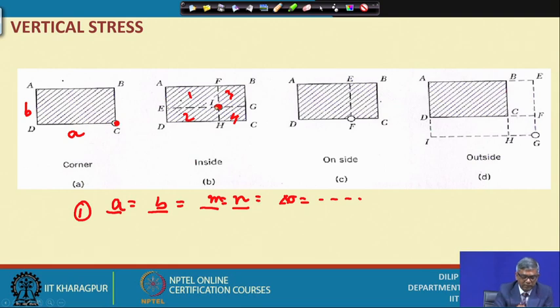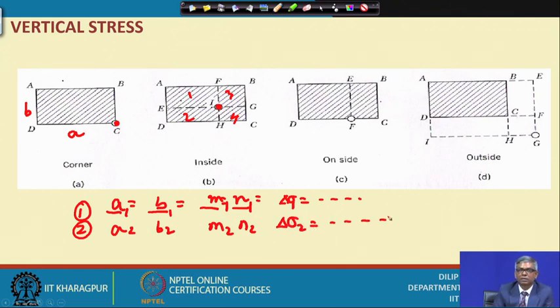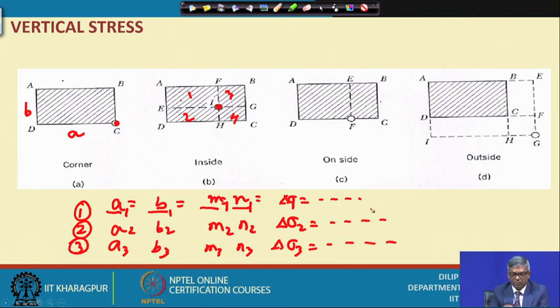So that is one thing. Similarly, I will take footing 2, with A2, B2, M2, N2, and delta sigma 2 by using the formula. Similarly, for footing 3: what is A3, B3, M3, N3, and delta sigma 3 from the corner formula.